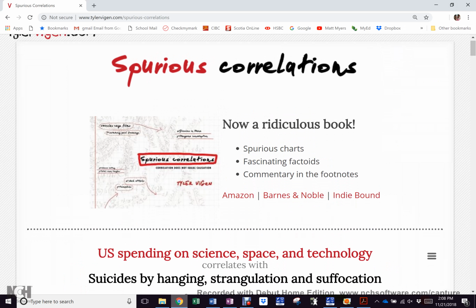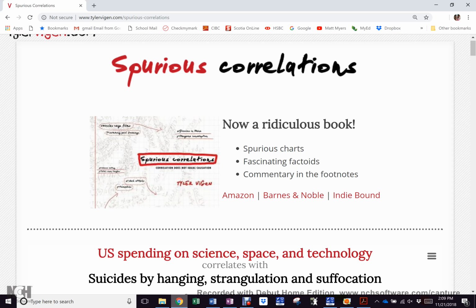I'm going to read you two sentences. You tell me if they consist of sets. The first sentence is this: U.S. spending on science, space, and technology. Is that a set?